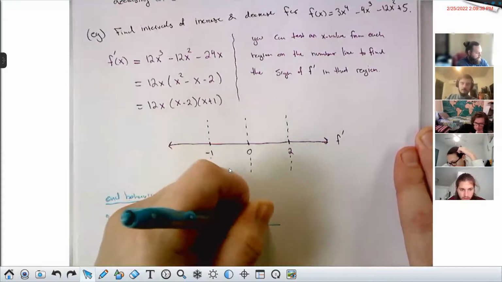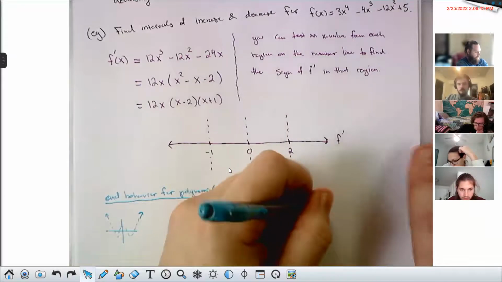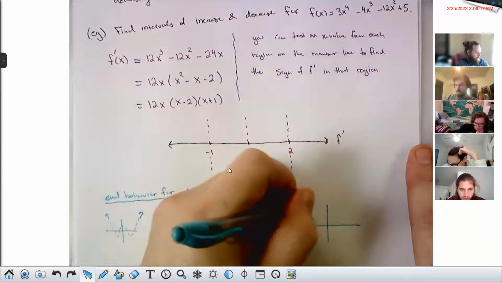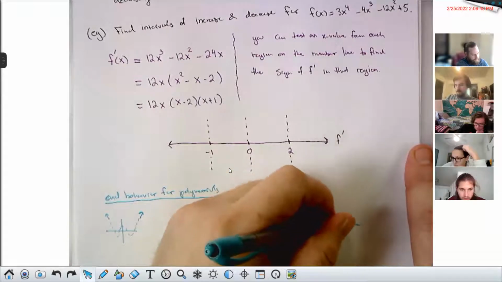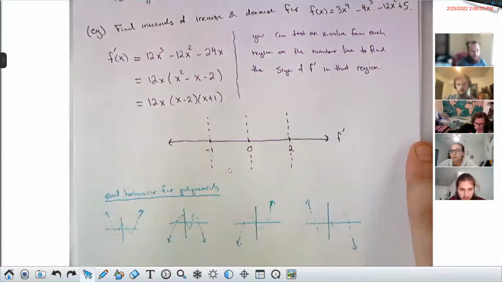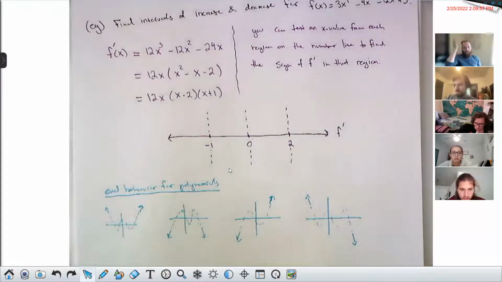Down on the left and up on the right. Or up on the left and down on the right. Every polynomial graph in existence exhibits one of these end behaviors. And it's very easy to tell which case you're in.